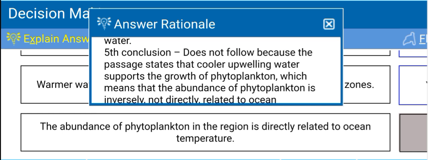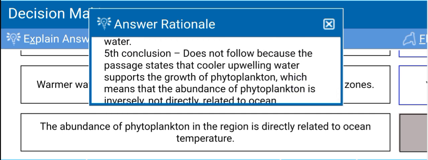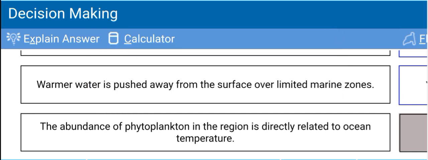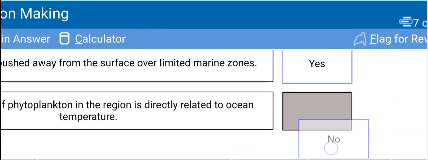So the fifth conclusion does not follow because the passage states that cooler upwelling water supports the growth of phytoplankton, which means that the abundance of phytoplankton is inversely, not directly related to ocean temperature. So the fifth conclusion does not follow. That's why we will drag a no and drop it here.